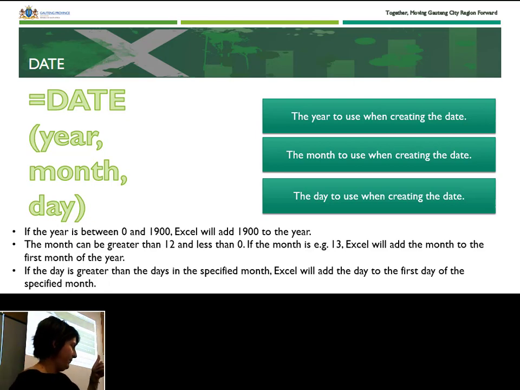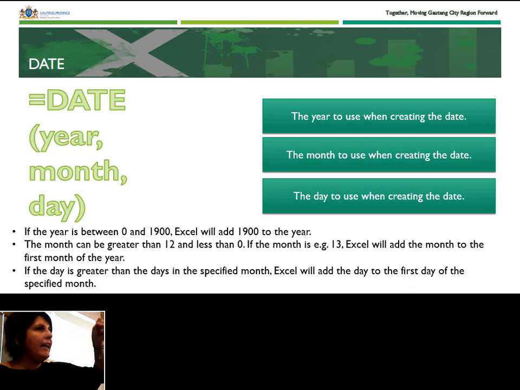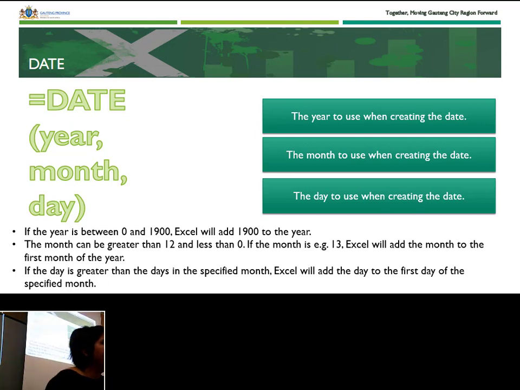So when you bring in, let's say, a day, and that day is 33, depending on the number of days in the month, Excel makes it 1 month and, let's say, 2 days.